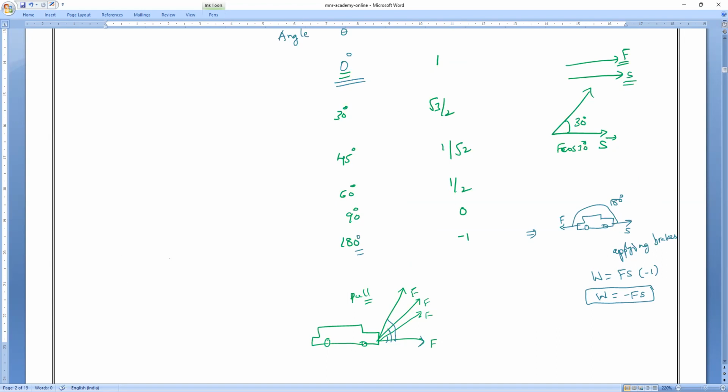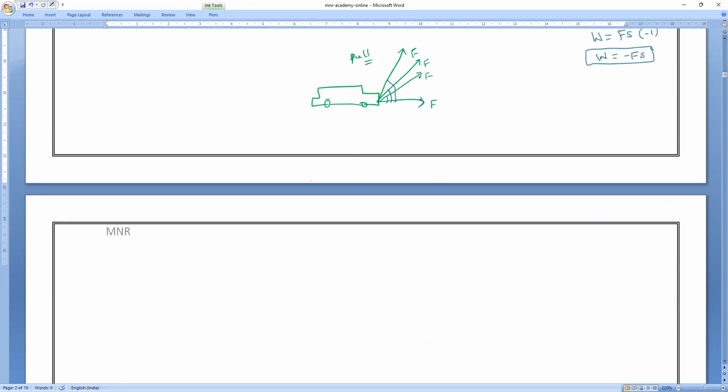So now, we have done two formulas: work is equal to force into displacement, and work is equal to F s cos theta. So work is directly proportional to force, and work is directly proportional to displacement. But work done depends on three things.